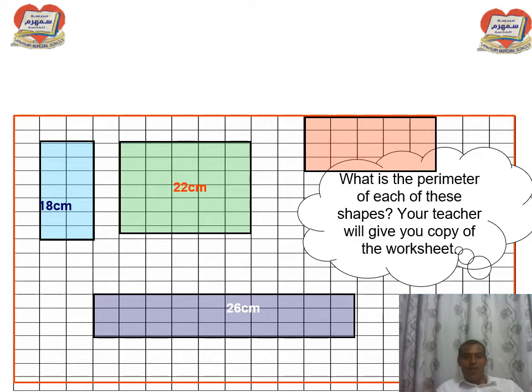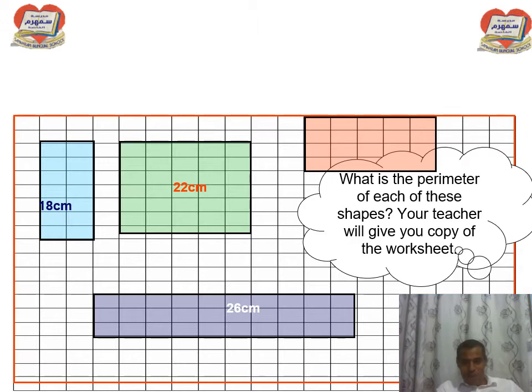Here the purple one, you can see that this is 1 square, 2 square, 3 square, 4 square, 5 square. Means this one is equal to 5 centimeter, and the width is equal to 1, 2, 3, 4 centimeter. So the perimeter, my learners, is to add the length plus width, plus length plus width.